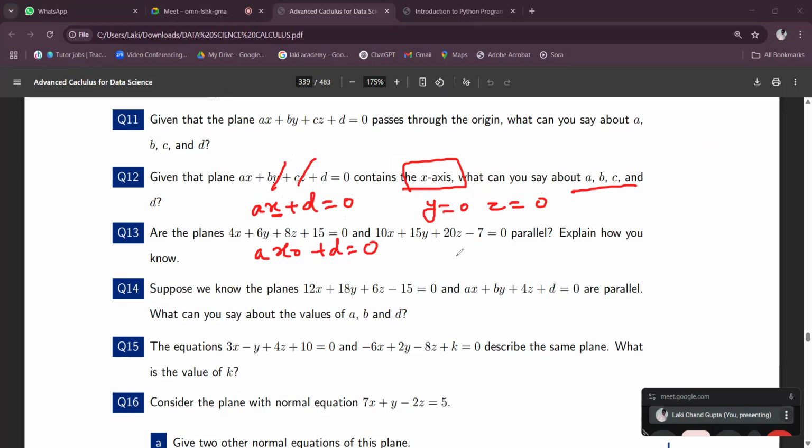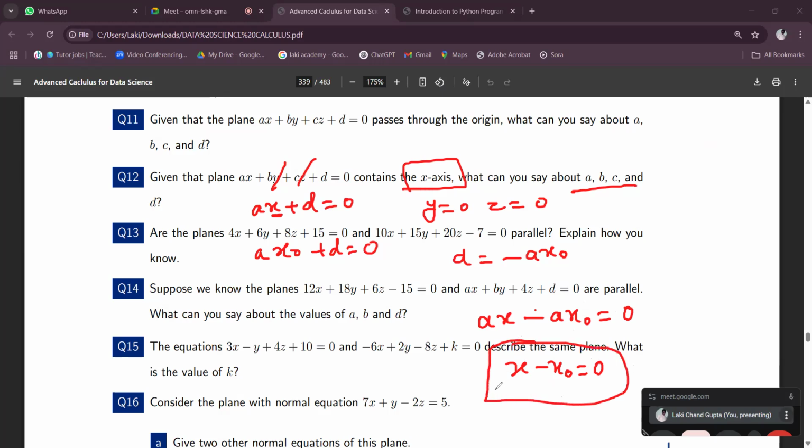So you can write minus x0. So here you can write ax minus ax0. So x minus x0. This is your answer.